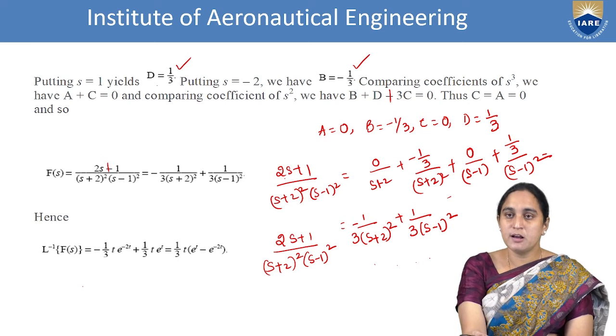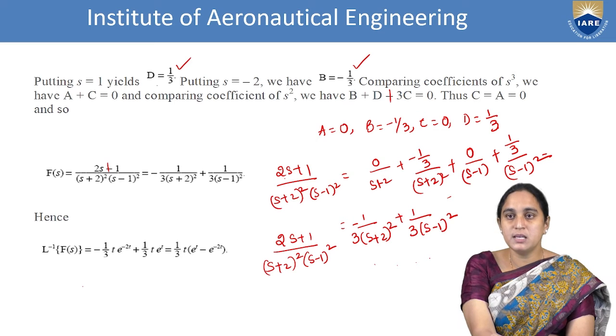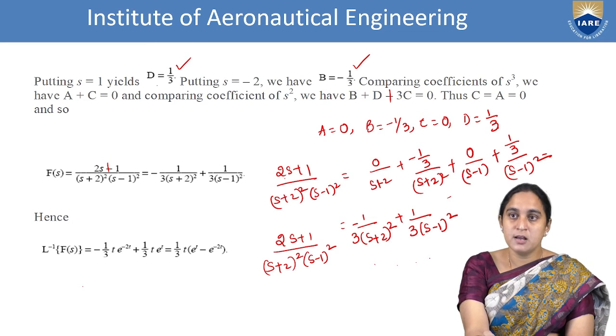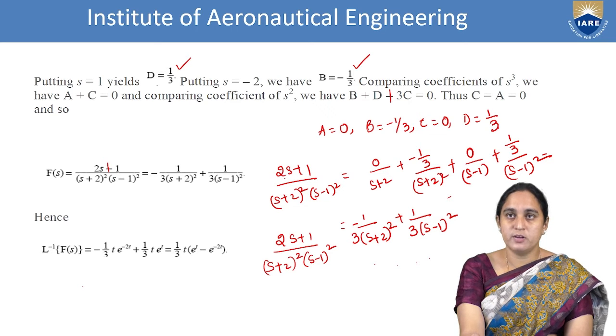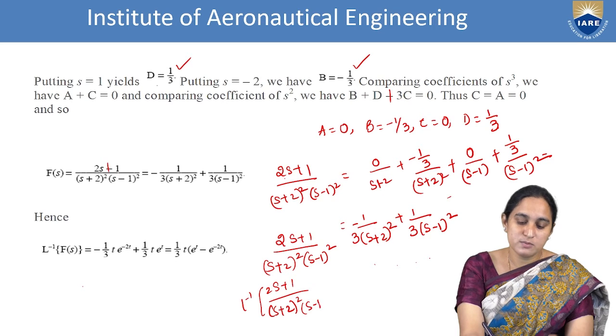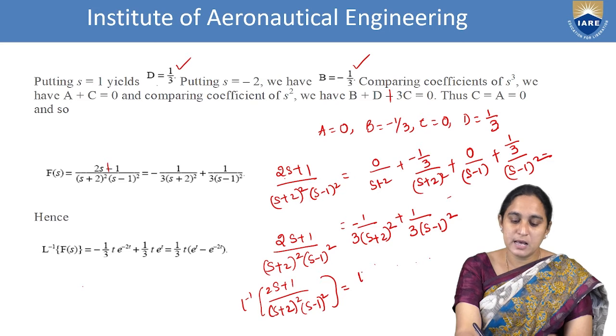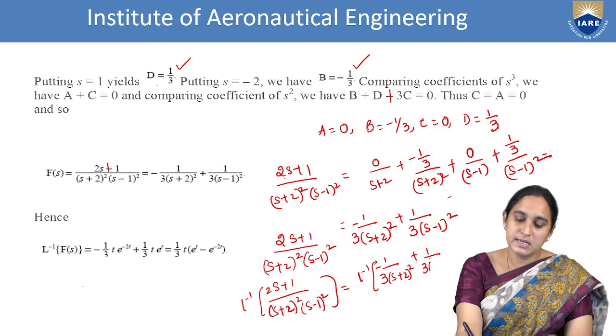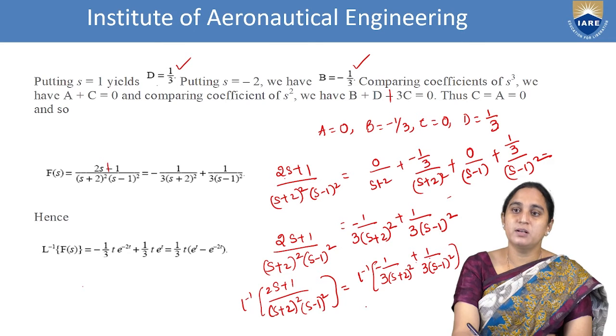Once you see, after using the partial fractions the denominator will separate easily: minus 1 by 3 into s plus 2 whole square form plus 1 by 3 into s minus 1 whole square form. Now apply Laplace inverse on both sides. Therefore, Laplace inverse of 2s plus 1 by s plus 2 whole square into s minus 1 whole square is equal to Laplace inverse of minus 1 by 3 into s plus 2 whole square plus 1 by 3 into 1 by s minus 1 whole square.